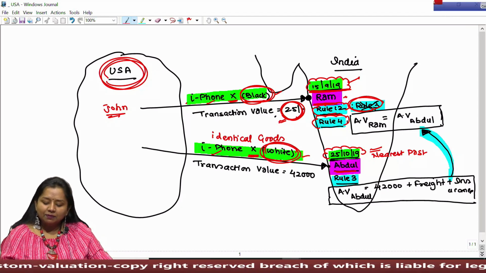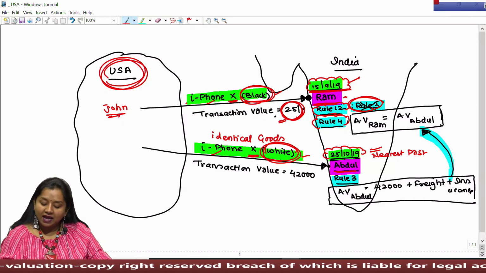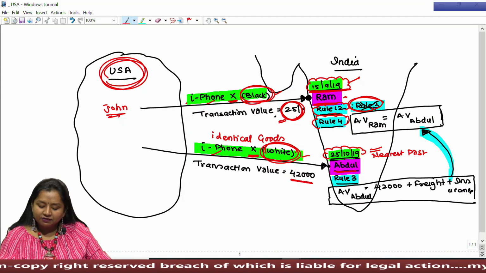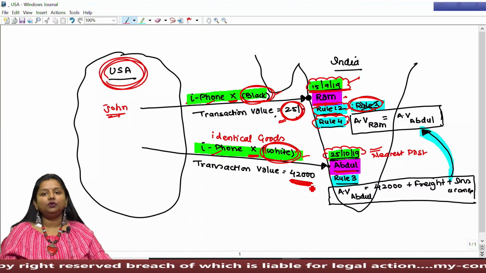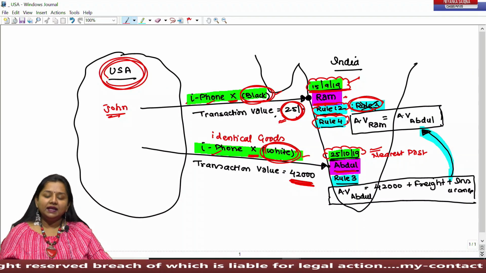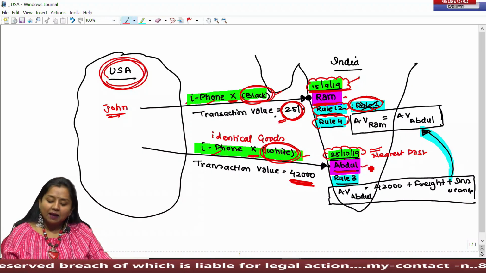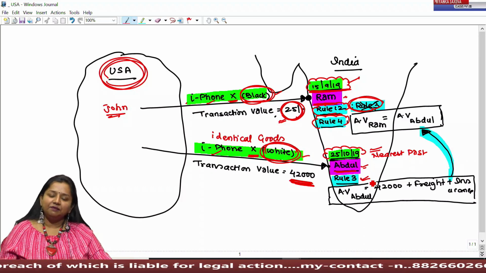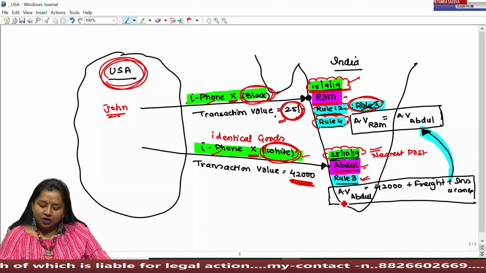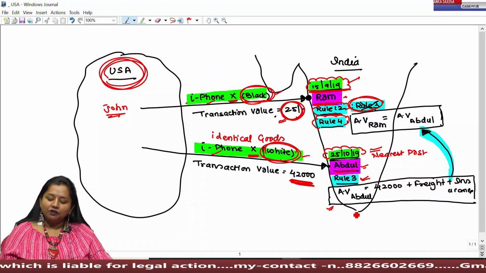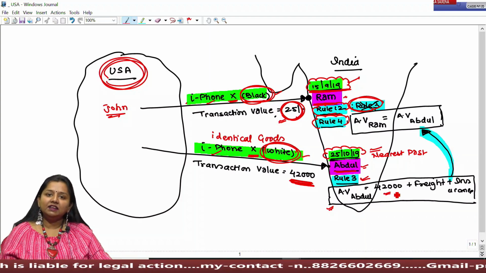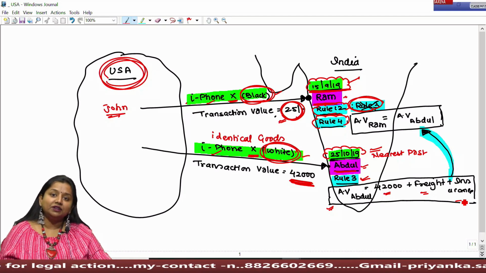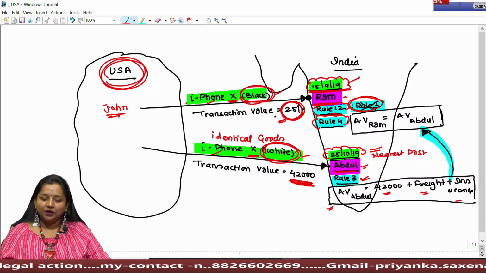So, it was found that Mr. Abdul imported the identical goods, the same iPhone X, from the US at rupees 42,000, 20 days back. And since Abdul imported at the correct price, therefore, on Abdul Rule 3 must have been applied, due to which, while computing the assessable value of Abdul, 42,000 must have been considered under Rule 3, in which freight, insurance and other expenses under Rule 10 must have been included.